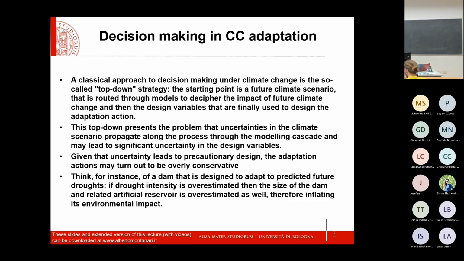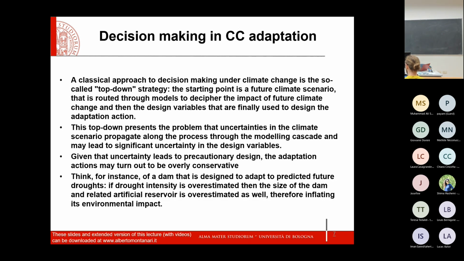Because climate models are inherently conservative, they are prudent, they usually predict disasters, which is fine for many reasons. In particular, for communication it may be fine.